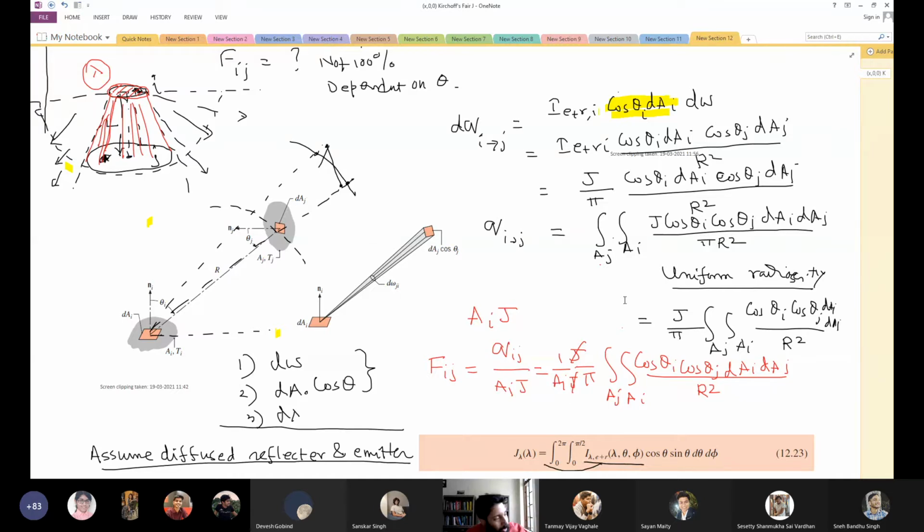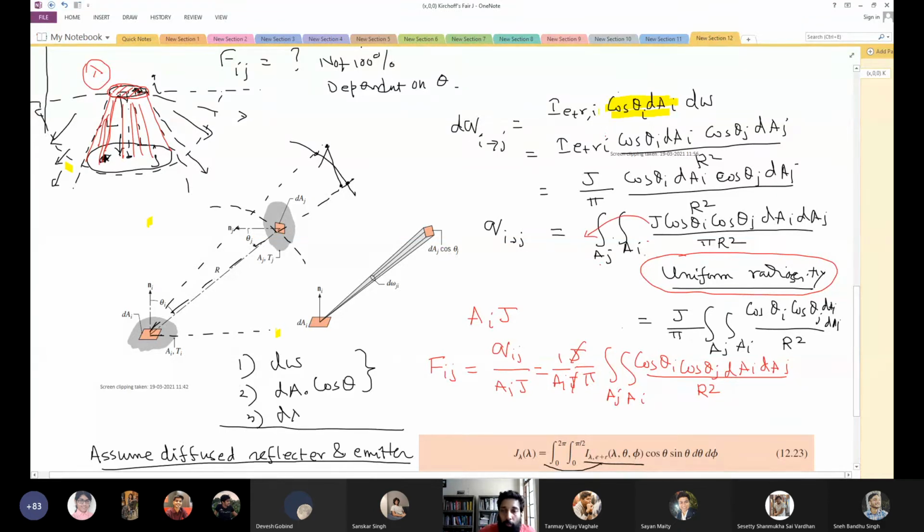Sir, wouldn't J also vary with the area? How can we take that out of the integral? No, J is not varying with area. That's why we took an assumption of uniform radiosity. That's how we pull it out under this assumption.